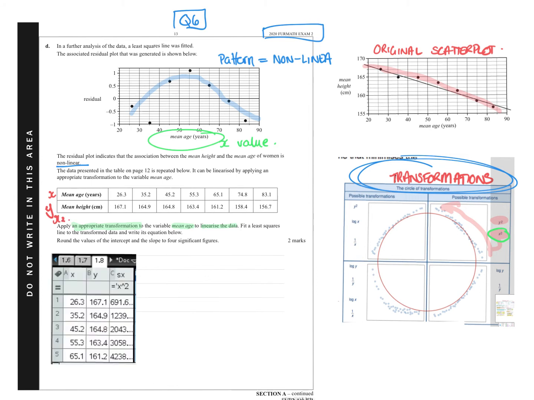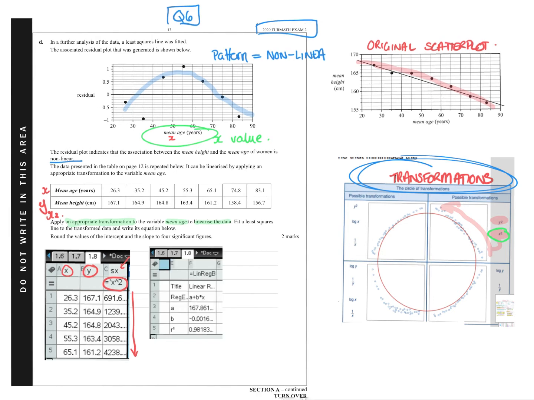Okay, so what I've done is I've typed this into the calculator. I've called the mean age x and the height y, and we have to create the squared x list, so I just called it sx, and then you put in the equals and you get this next line. Once you've done that, I did a linear regression line.